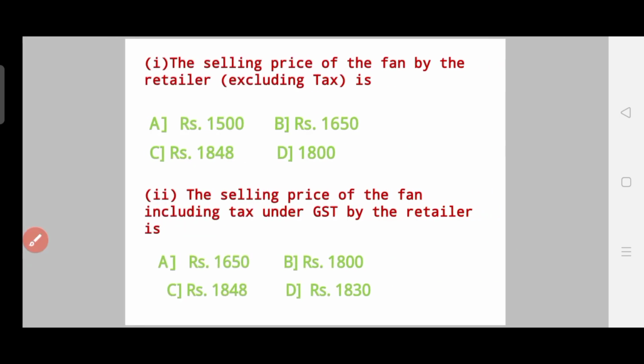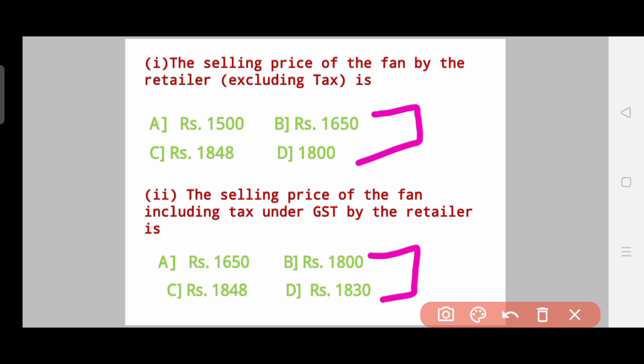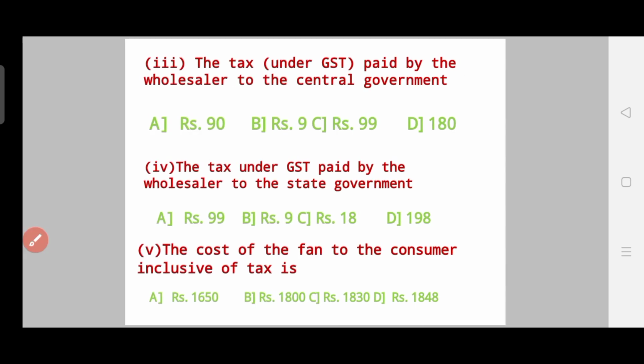The first question is the selling price of the fan by the retailer excluding tax, and here are your options. The second question is the selling price of the fan including tax under GST by the retailer. Question number 3 is the tax under GST paid by the wholesaler to the central government, and here are your options.